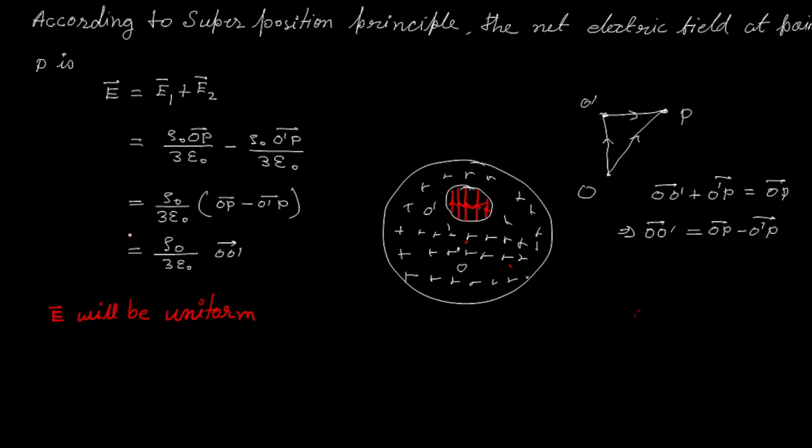Next class we will learn how to calculate the electric field for cylindrical symmetric and plane symmetric distributions, and then one day we'll take a tutorial class based on how to calculate the electric field for symmetric as well as asymmetric charge distributions, and then you have to take the test.